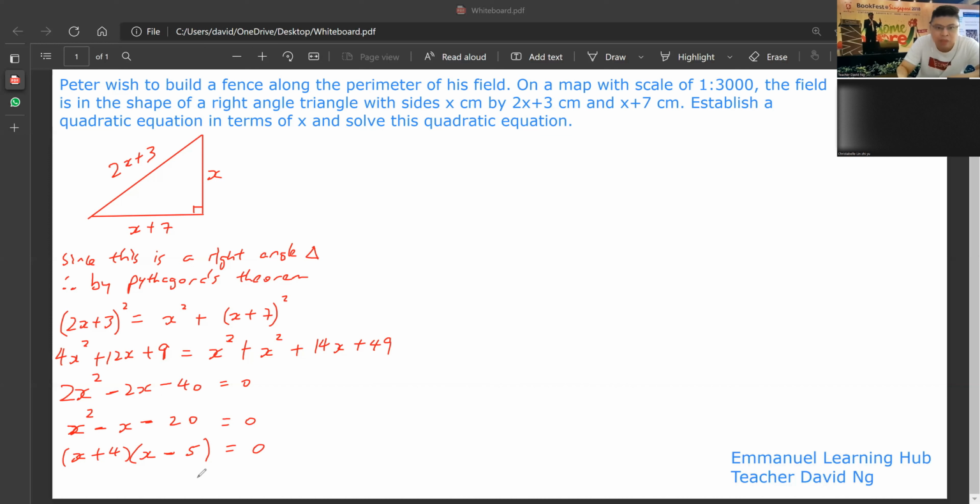So this is the factor for this quadratic equation. Then they ask you to solve. So x plus 4 is 0 or x minus 5 is 0. Either minus 4 or 5.